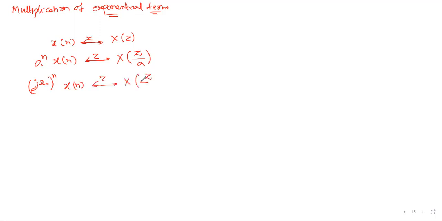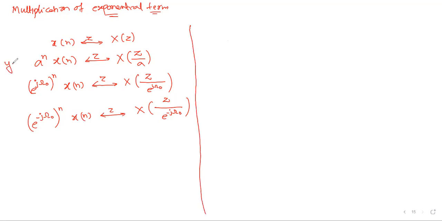X of z by e power j omega naught. And e power minus j omega naught whole power n into x of n: the z transform is x of z by e power minus j omega naught. So this is the property of multiplication of exponential term. We saw in the first two lines that a power n x of n becomes x of z by a. Now we will write the proof.